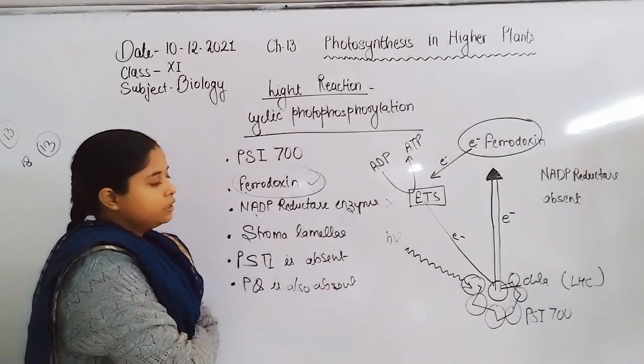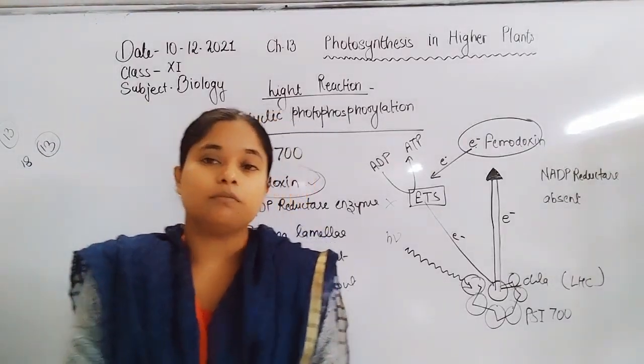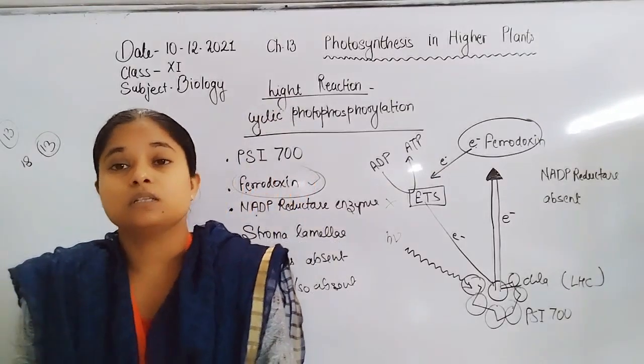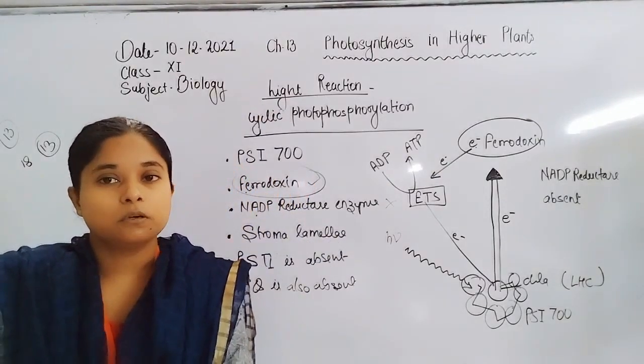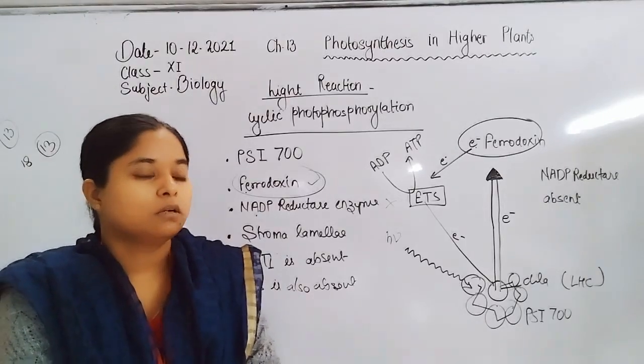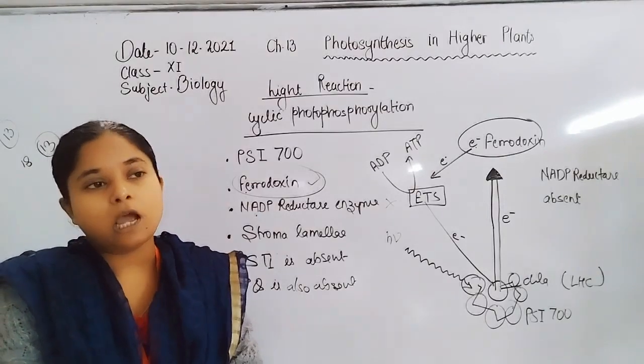Another point is that due to the continuous splitting of water, the proton concentration also increases in the stroma region, so the maintenance of proton is done by the chemiosmotic hypothesis.